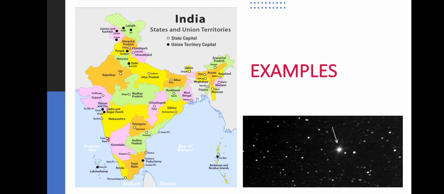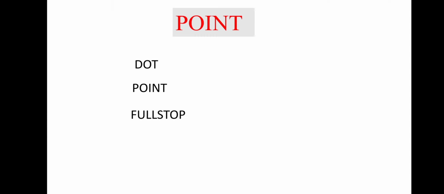We can call points dots, points, full stop and so on. If I point here, that means something is there and something is going to be explained, or something is related to that location or area, drawing some attention towards something.